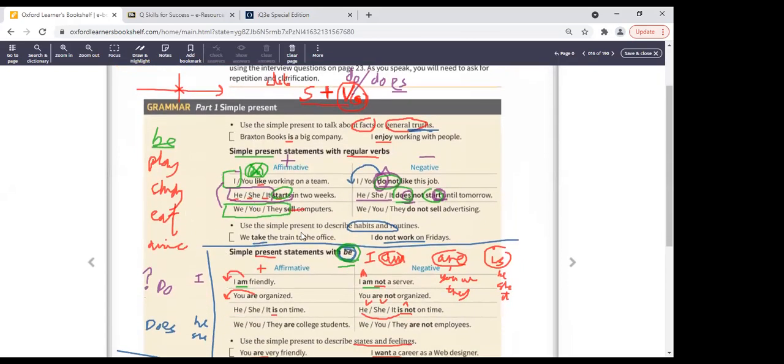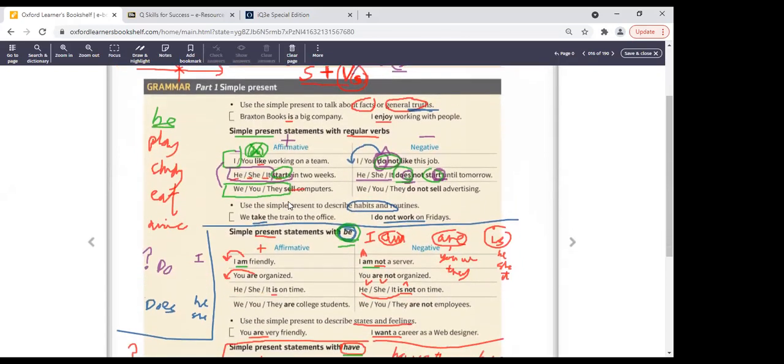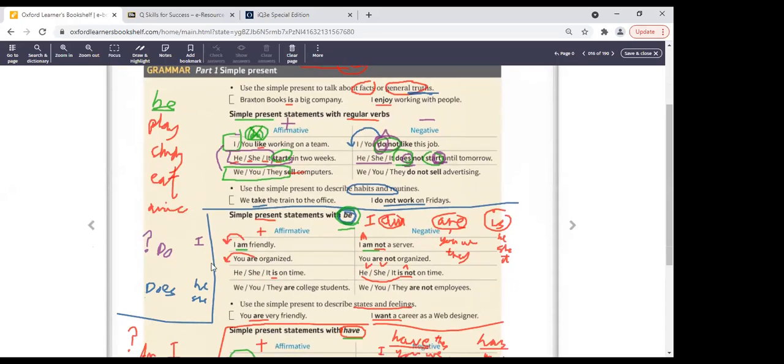Would someone like to summarize what you learned from this page, or what you remember from it? Yes, Yazid, go ahead.